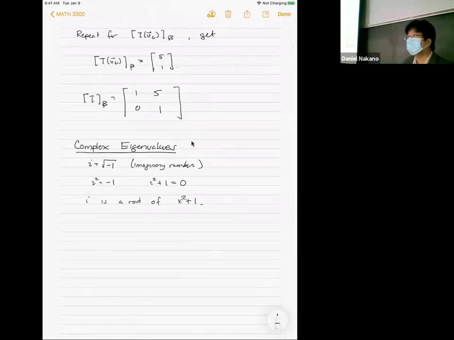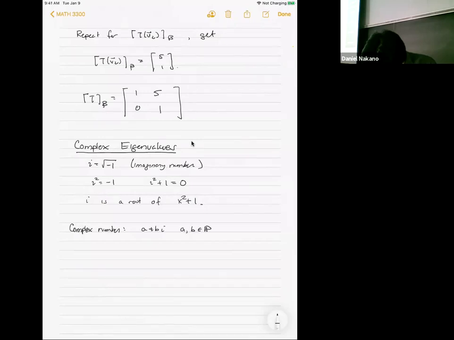We know that whenever you have polynomials, even quadratic polynomials, the roots may not be real numbers. They could be complex numbers given by the quadratic formula. So what is a complex number? Complex numbers are of the form a plus bi, where a and b are real.